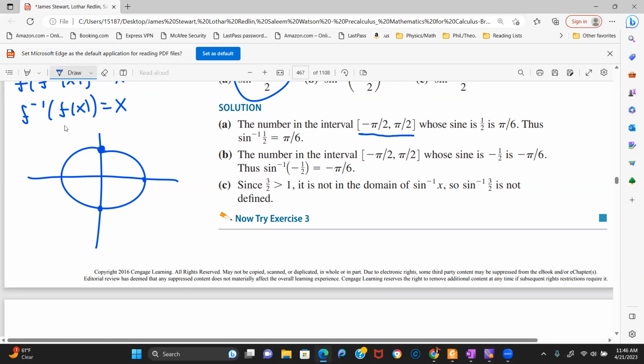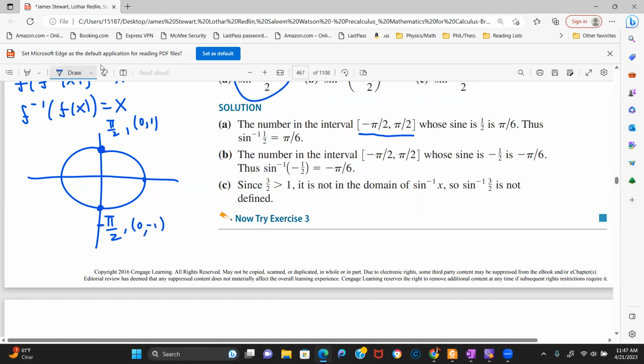We have this point up here, which is going to be pi over 2, and that's going to correspond to the point 0, 1. And this point down here is going to be negative pi over 2. That's going to correspond to the point 0, negative 1.